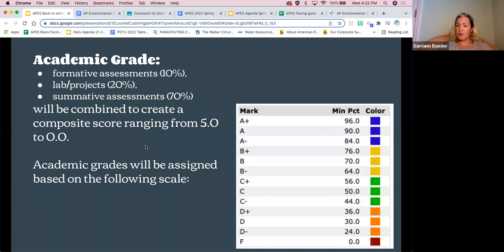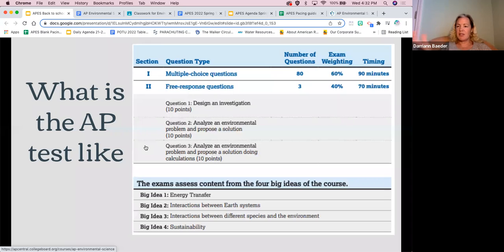They do have opportunity, though, if they bomb something. I have a plan in place for how they can do retakes and how that grade is not a do or die. Okay, we're also using a different grading system called grading for equity, and it means that let's say they start off really rough, but there's some growth along the way.